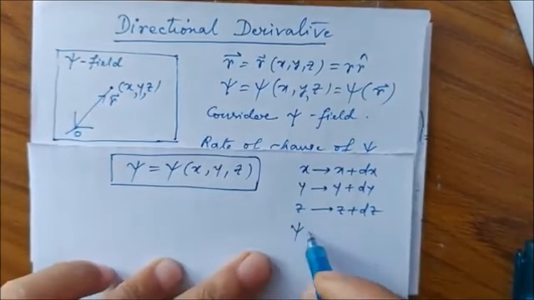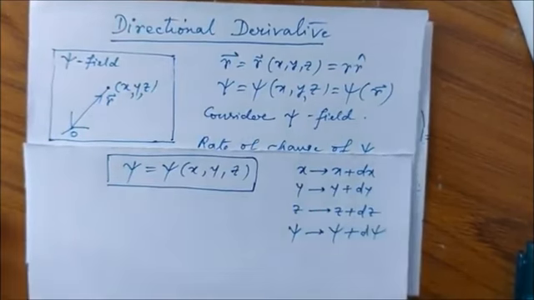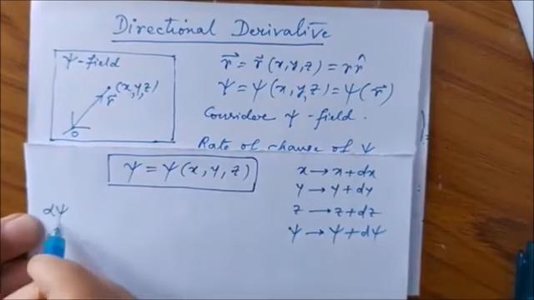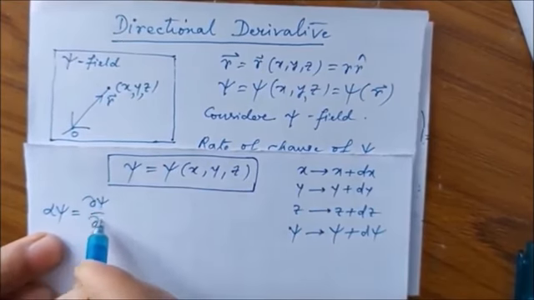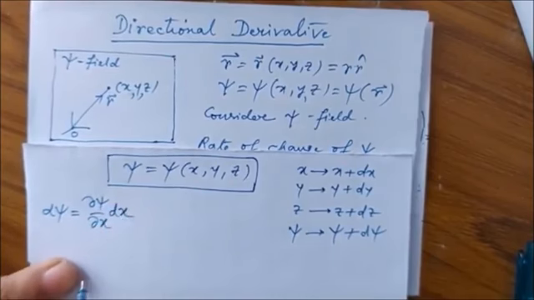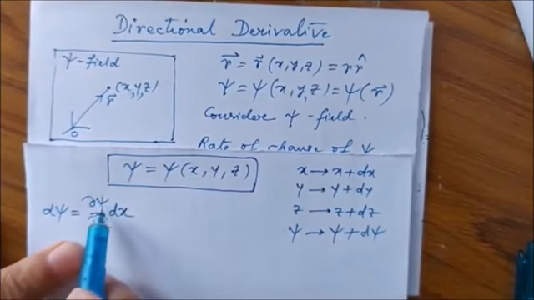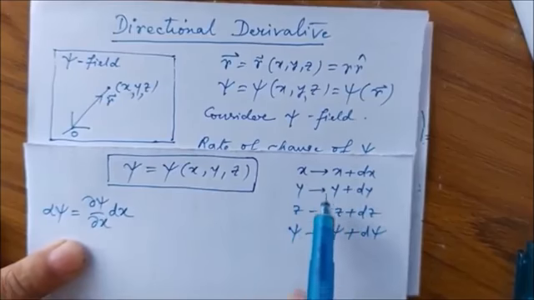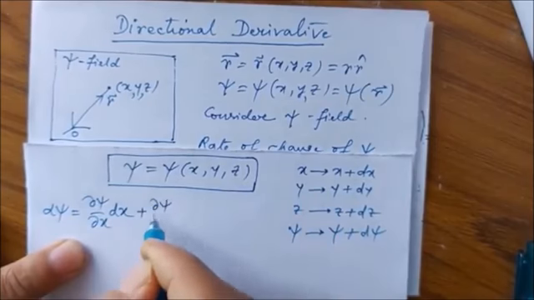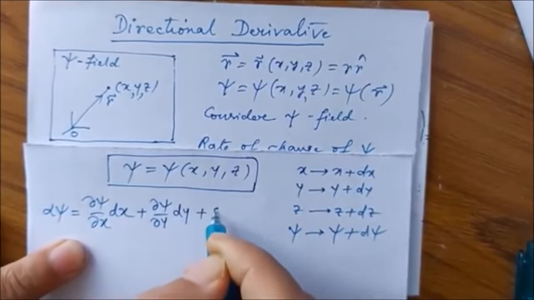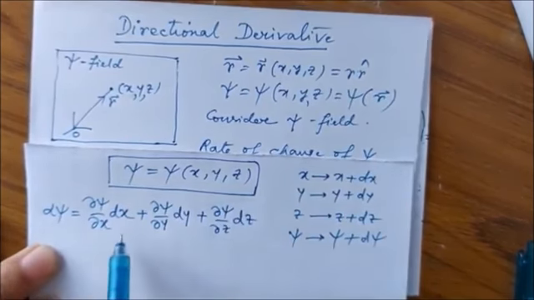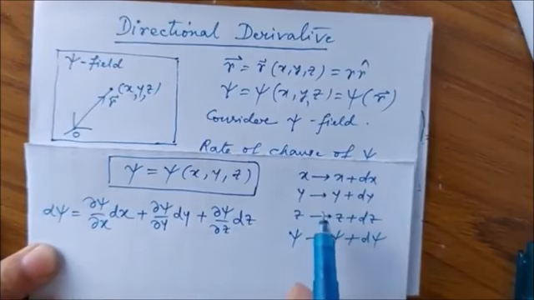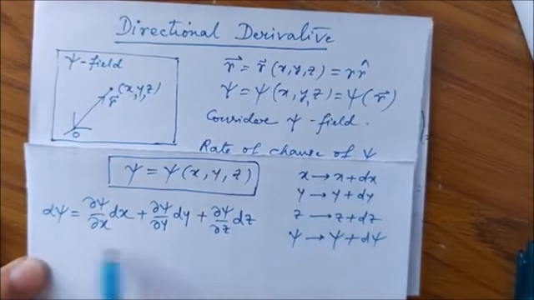Then psi changes to psi plus d psi, where d psi is given by, as per our derivation, del psi del x into dx, which is the change in psi due to change in x only, keeping others constant. And similarly we have the y term and the z term. And addition means we are considering all changes and what is the effect on psi due to all these changes. So this is what we get.